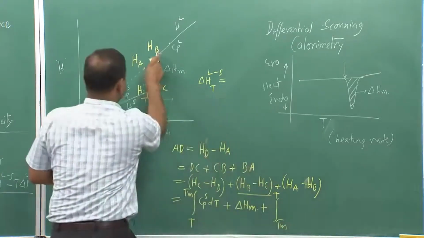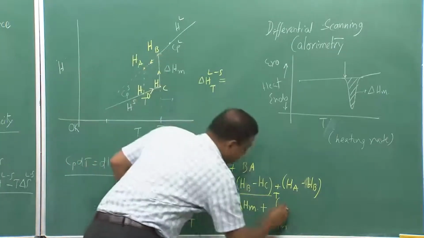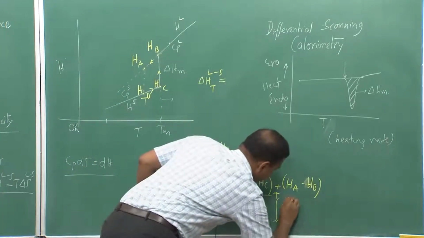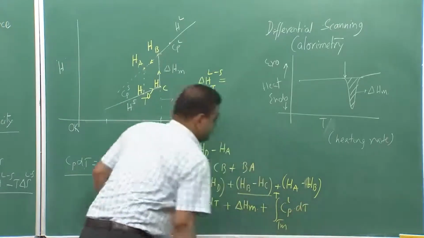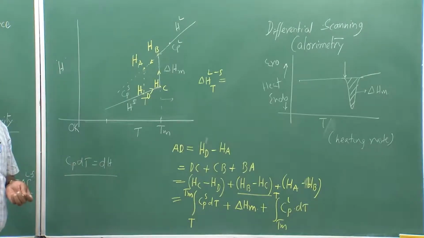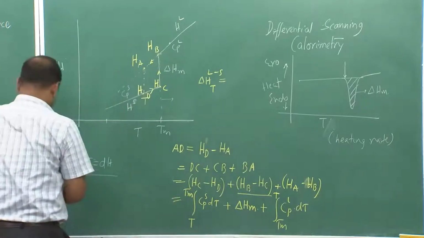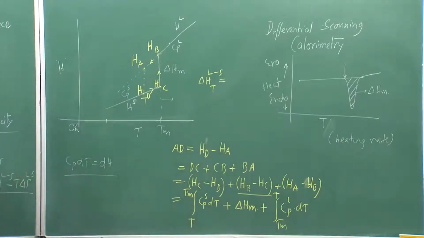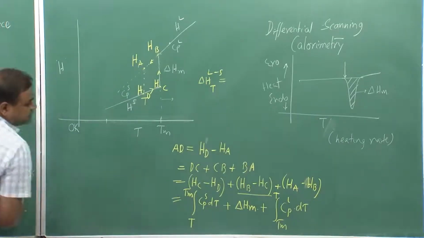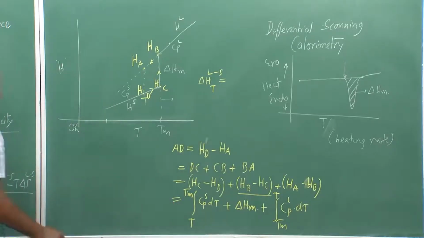plus this is nothing but del Hm, then plus the integral from Tm to T of CpL dT. I can write it this way also.